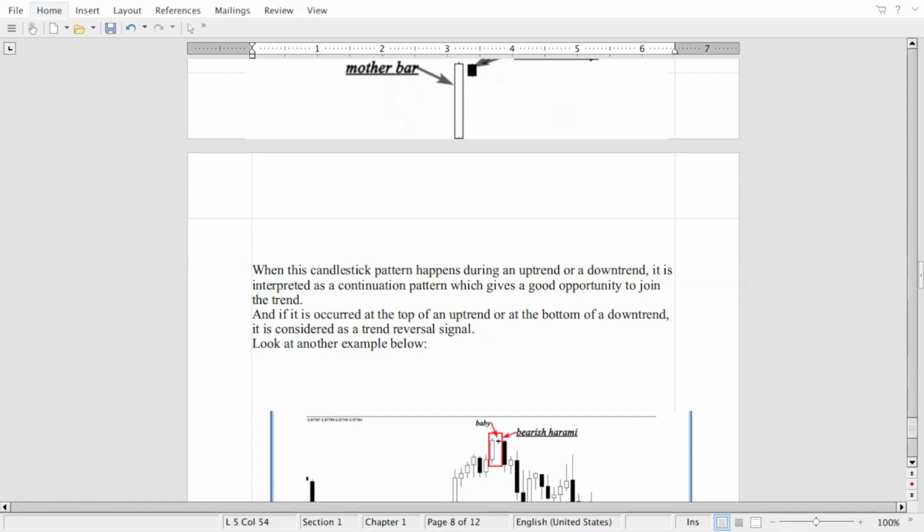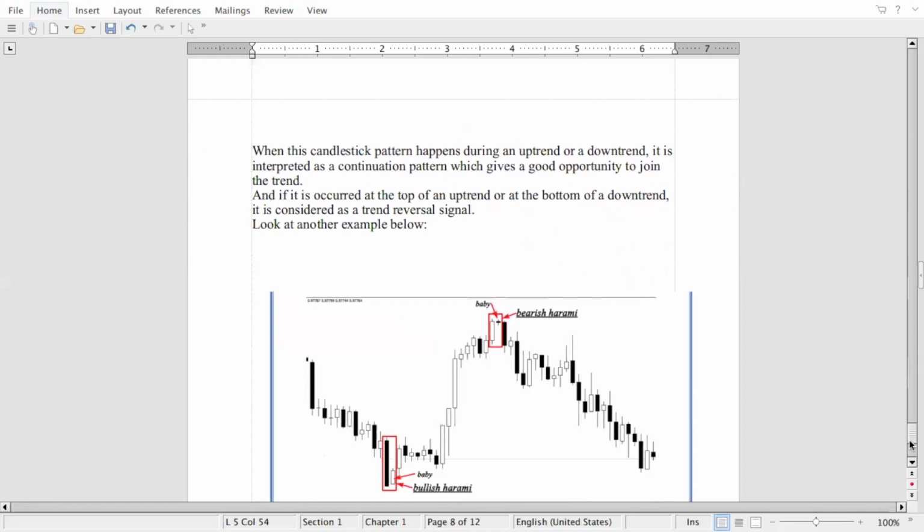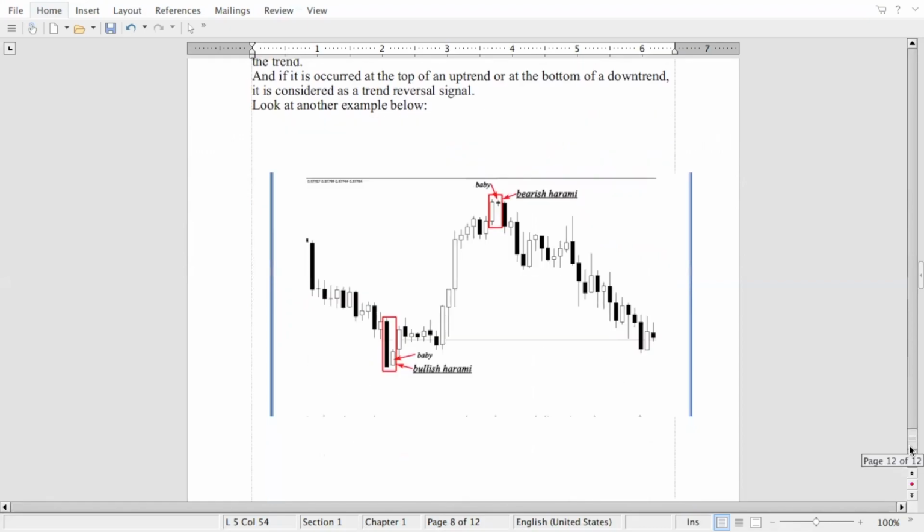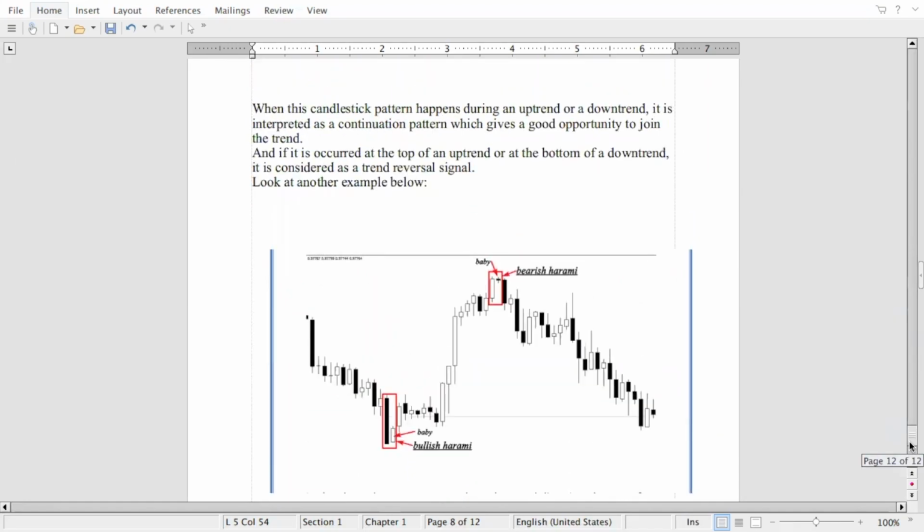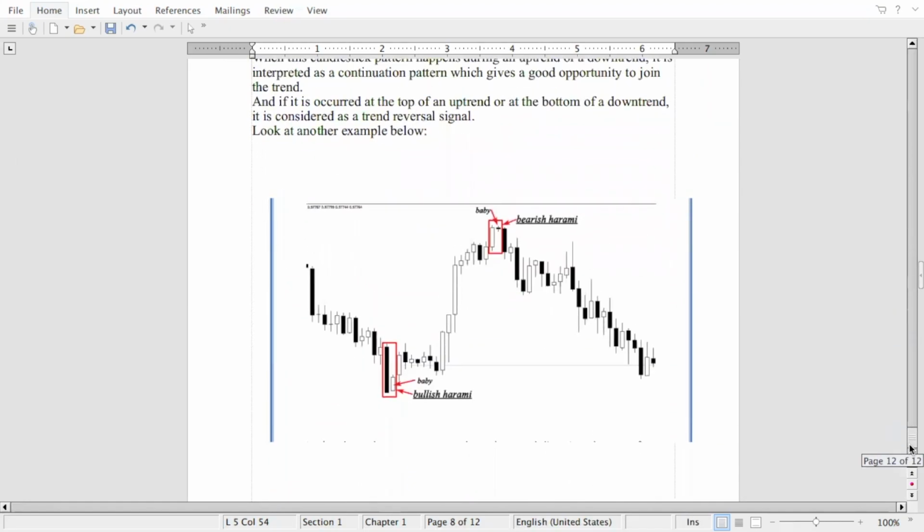And if it occurs at the top of an uptrend or the bottom of a downtrend, it is considered a trend reversal candle. And here it is.